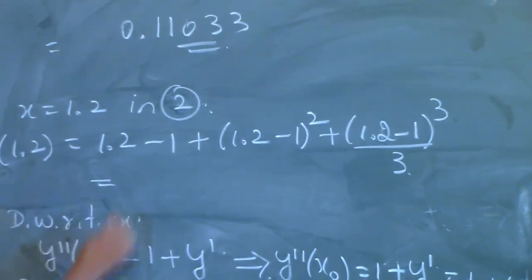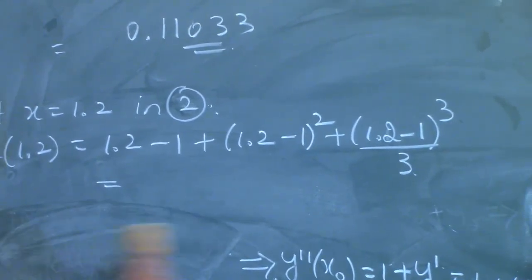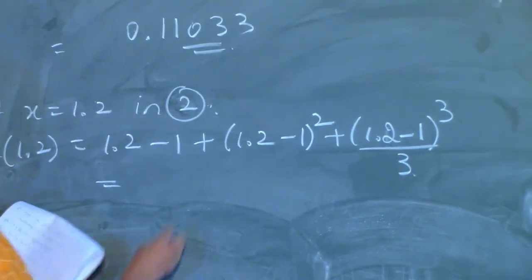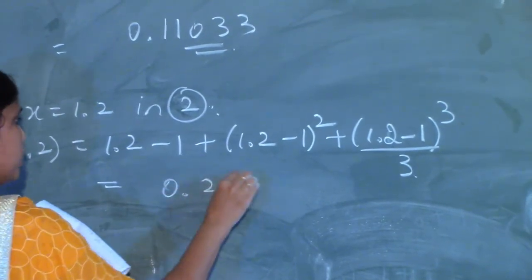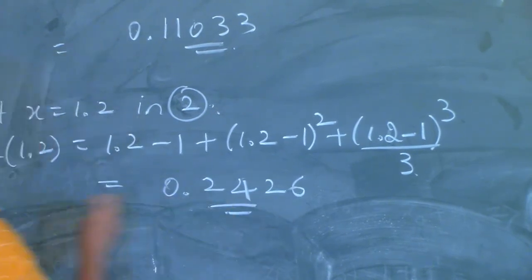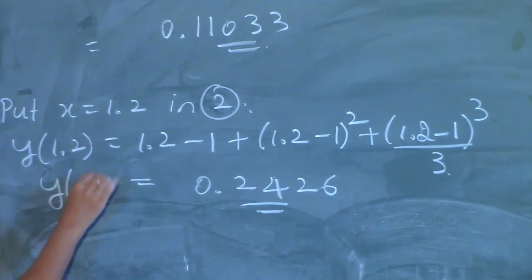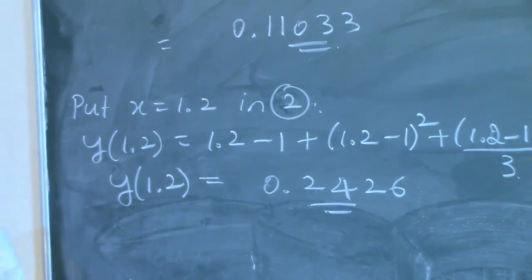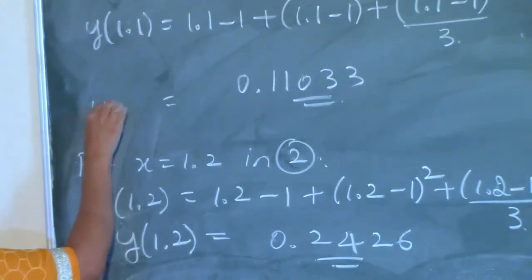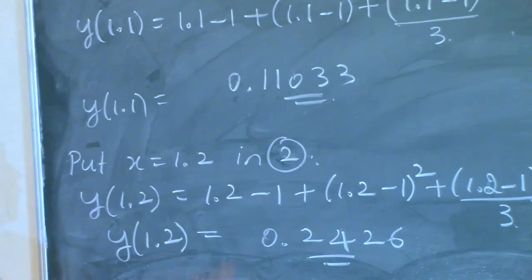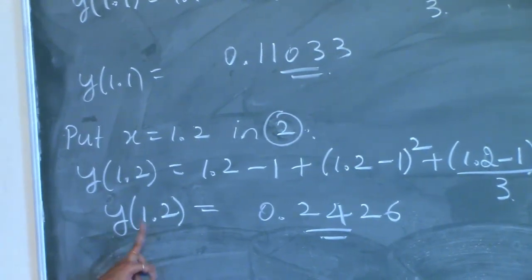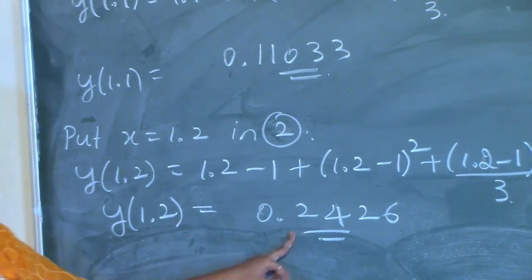So after simplification, we get 0.2426. So this is the answer for y of x at x is equal to 1.2. So at x is equal to 1.1, the value is 0.11033 and the value of y of x at x is equal to 1.2 is 0.2426.